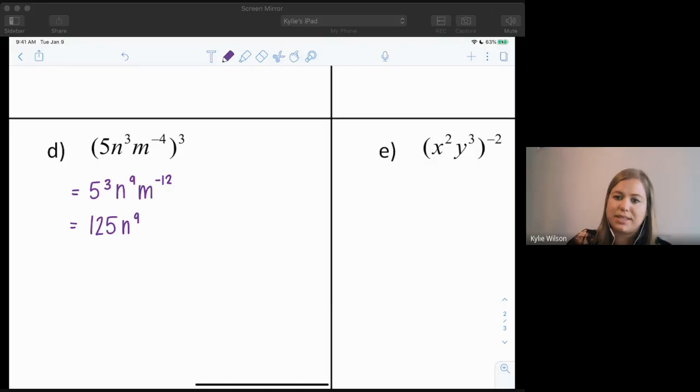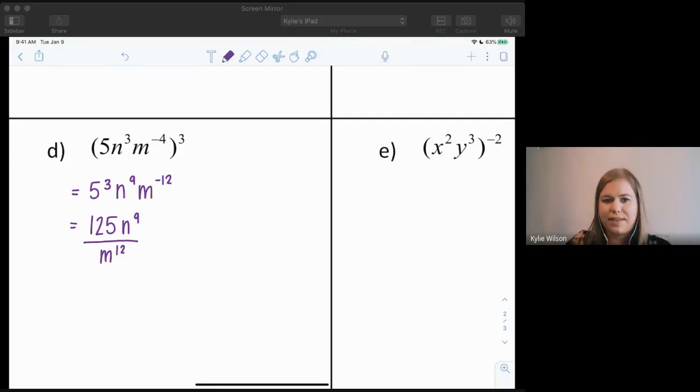This means it cannot be in the numerator, and it has to be moved to my denominator. So again, when I move it to the denominator, all that happens is the sign on my exponent changes. So everything else is the same. It's just instead of writing negative 12, I write positive 12. And that would be our final answer. That's as simplified as we can get that.